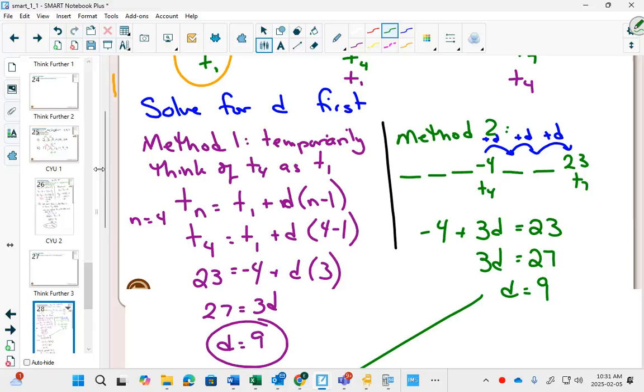So I'd like you to look right now at method 1 and method 2. Which one do you think your brain likes more? Do you like using formulas?